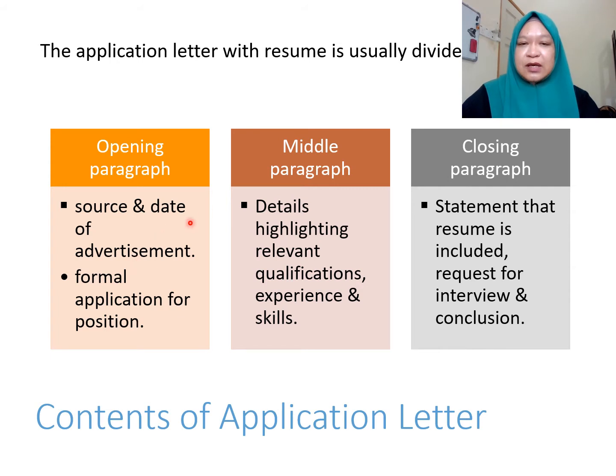In the middle paragraph, you highlight a little bit about your qualifications, your experience, and your skills. In the closing paragraph, you state that you enclose your resume and you ask for the interview.